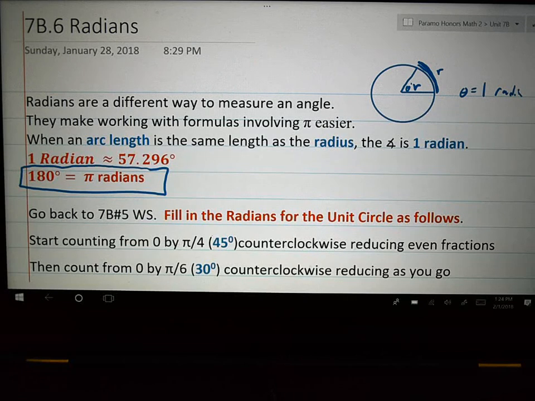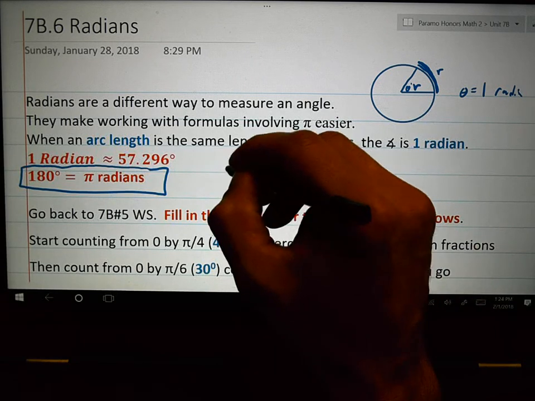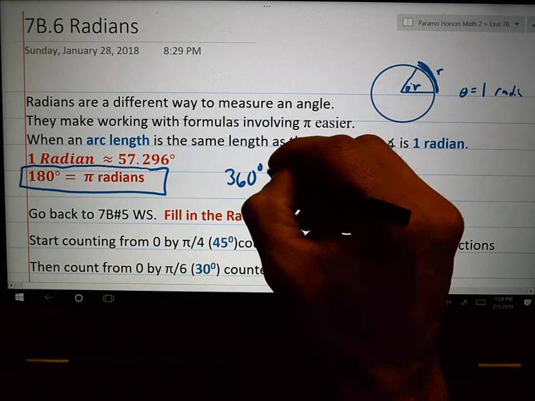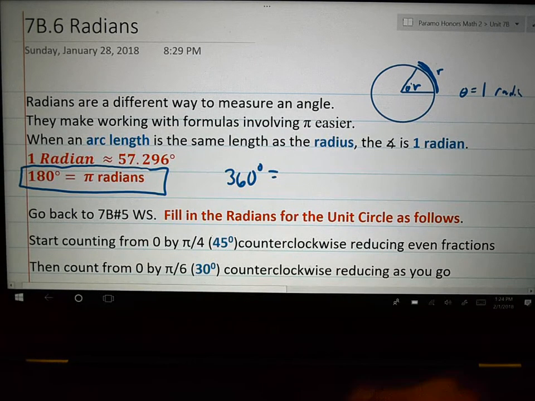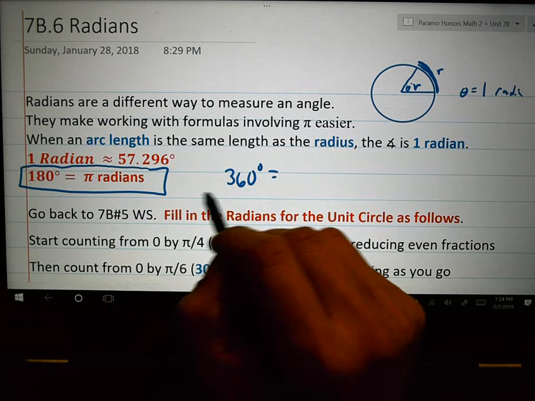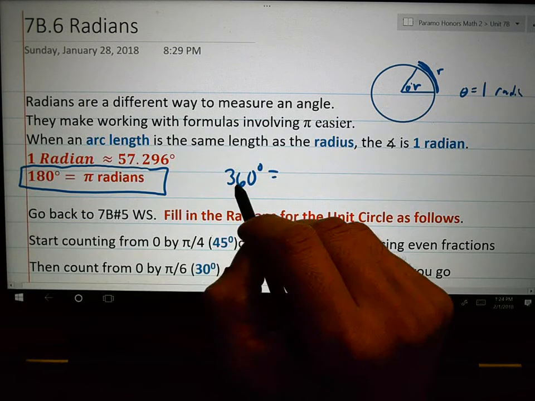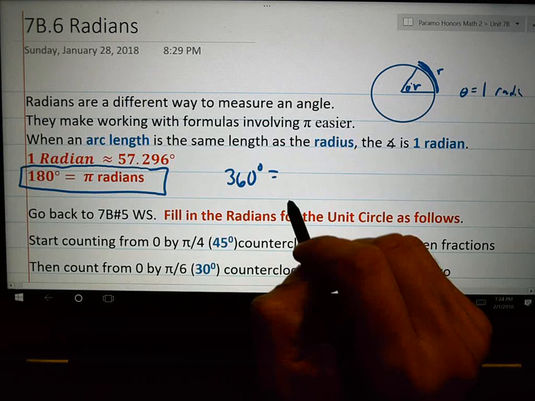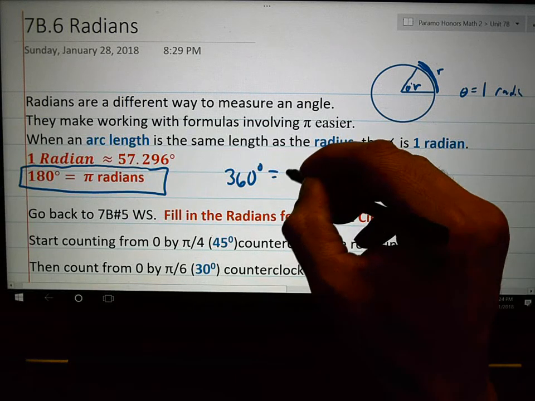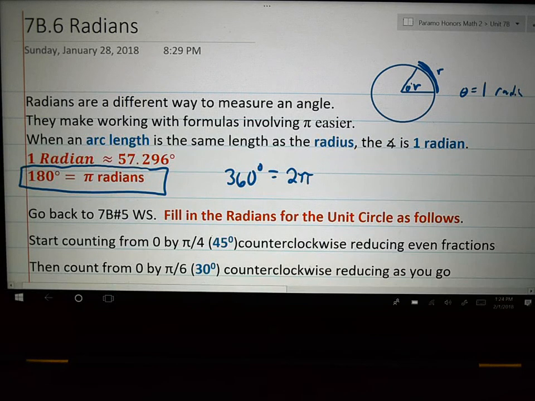We're going to use that for just about every single thing that we do. That lets you know that 360 degrees is how many radians? If pi radians is 180 degrees, 360 degrees is how many radians? Go ahead and say it out loud. 2 pi radians. Okay, that's it.